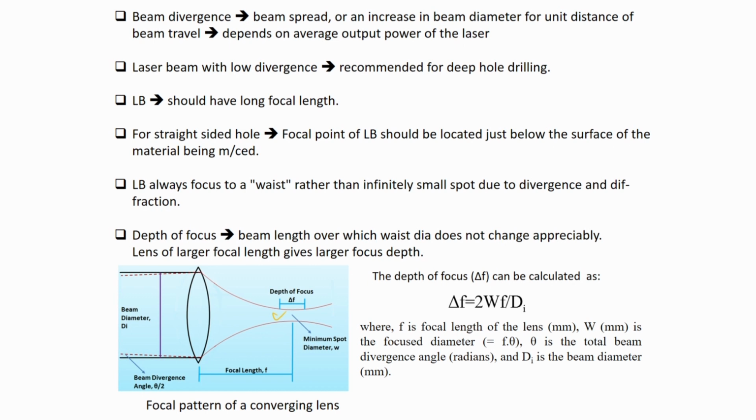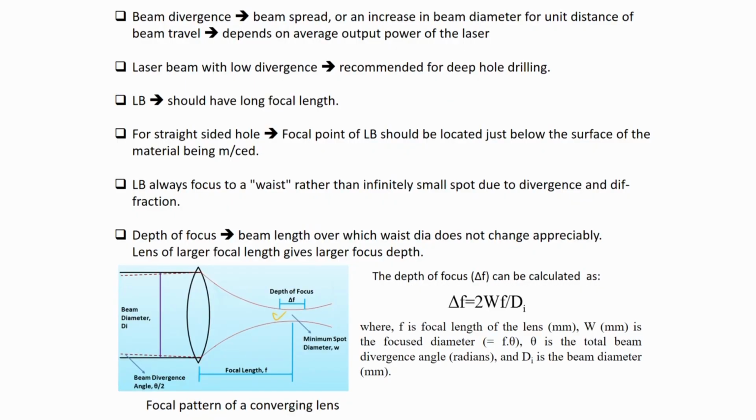The length of this waist zone is called the depth of focus. The workpiece surface should be kept within this depth of focus. Depth of focus is the beam length over which the waist diameter does not change appreciably.